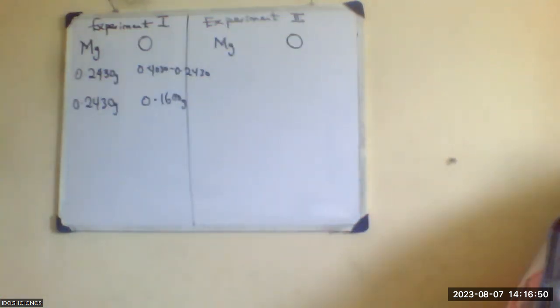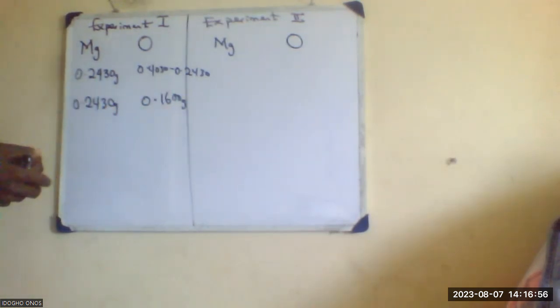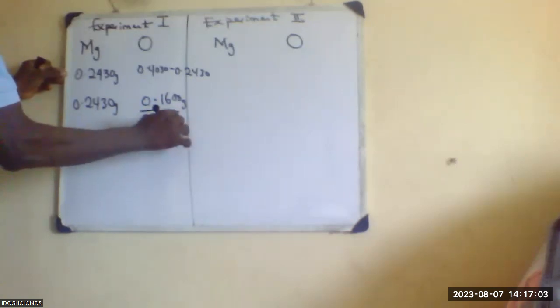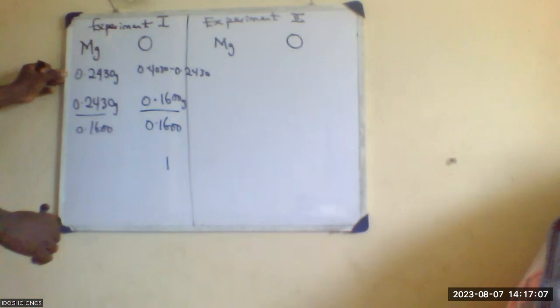Any question? The next thing is looking at the two. What is the smallest of the two values? 0.1600. So we divide by this smallest, 0.1600. This should automatically give me 1.